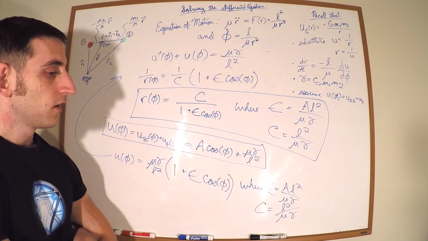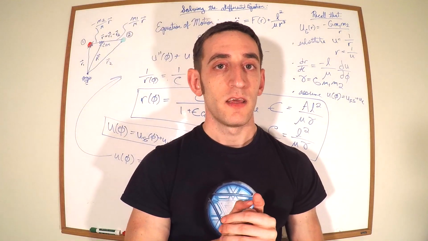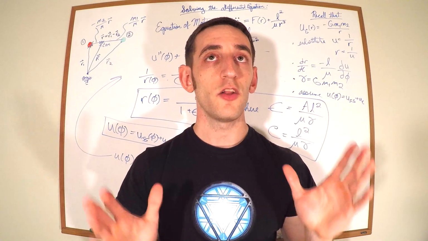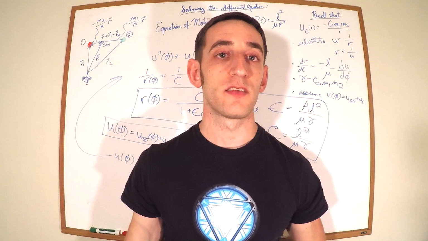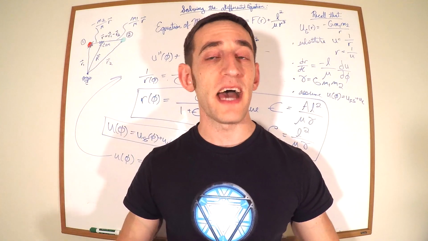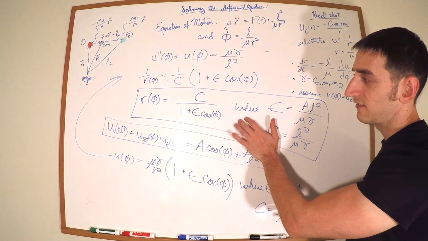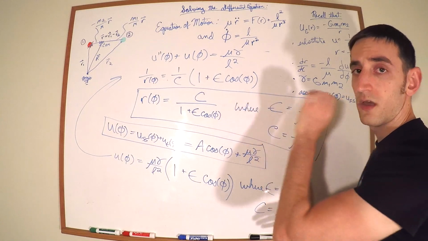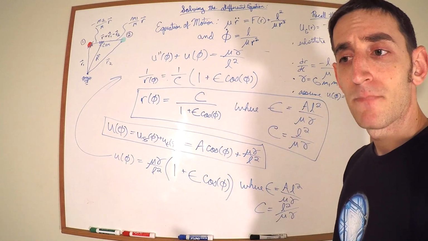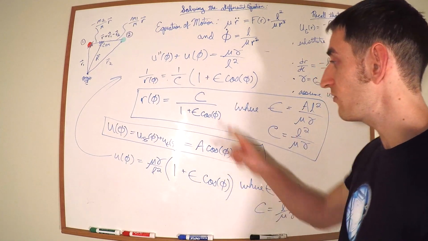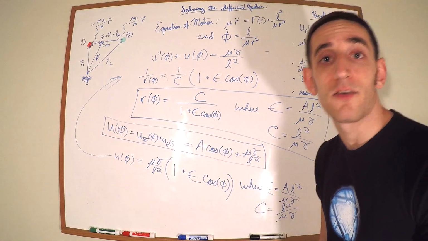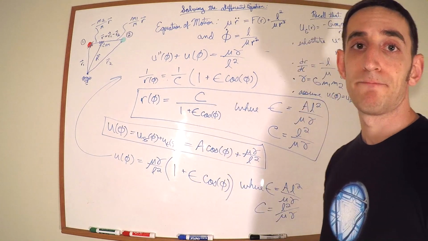Well, what we're going to do next is take a look at different geometries and how they're defined mathematically. And we're going to compare it to this and see if this looks like any of those mathematical interpretations of geometry.